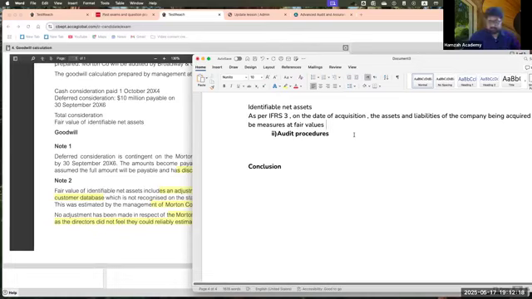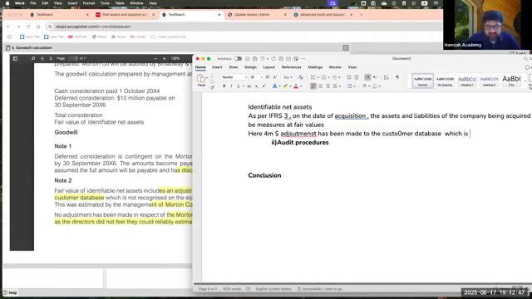So here, a $4 million adjustment has been made to the customer database, which is above the materiality threshold. You see here, same materiality threshold. Hence, it is material to the financial statements of the group.